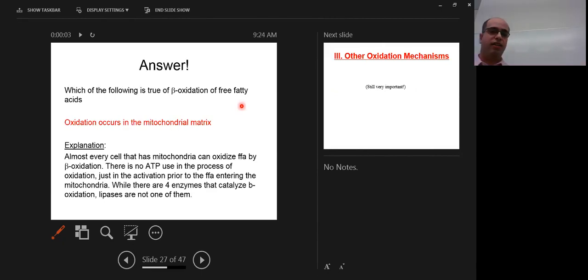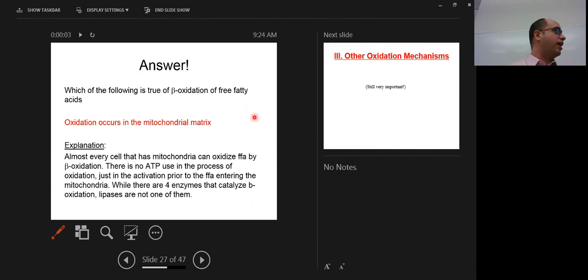The initial activation occurs in the cytoplasm, before it even gets into the mitochondria, and that is the step that will use ATP. None of the enzymes that are actually involved in the process of beta oxidation use ATP at all. And this can occur in almost every cell, not just the liver, and so that's that question.